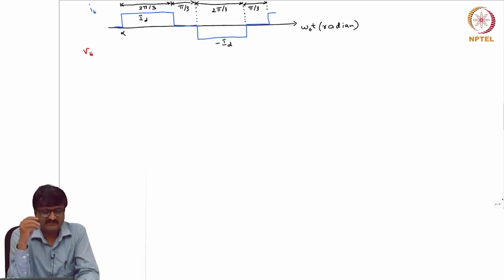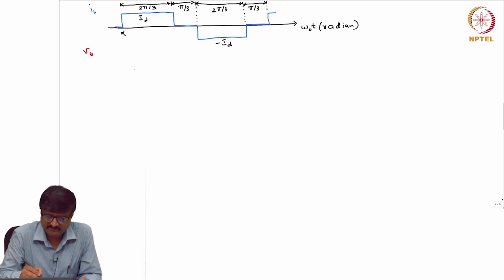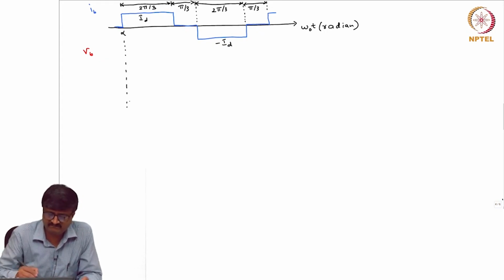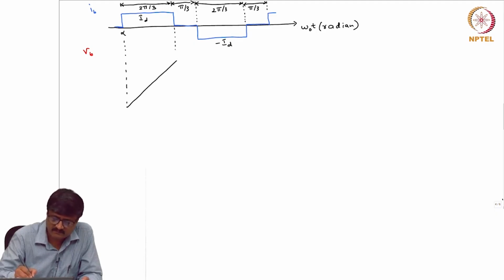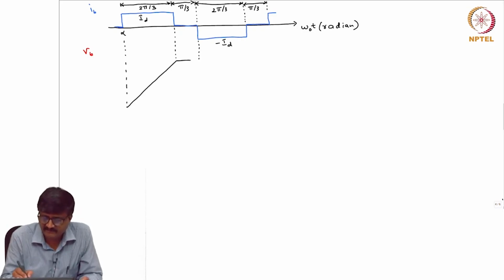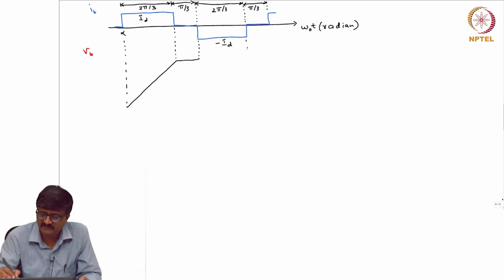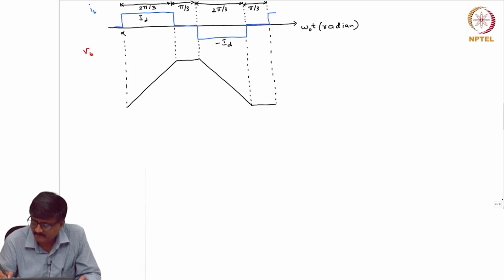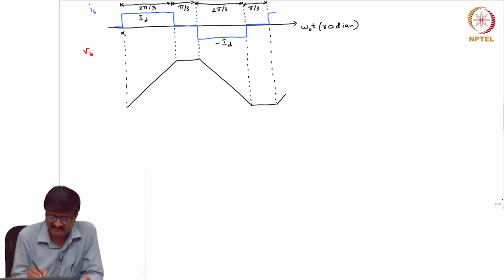If I plot VB, it's like this: it increases linearly, remains constant for 60 degrees, then for the next 120 degrees decreases linearly, then again remains constant. Then the cycle repeats, it again starts increasing.